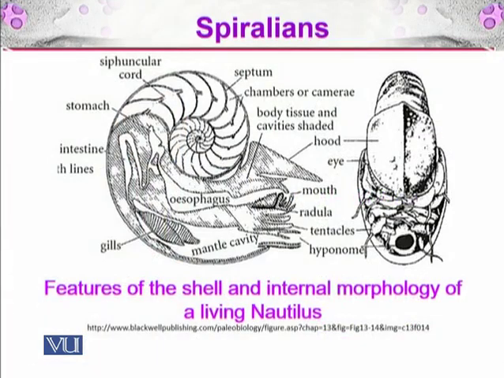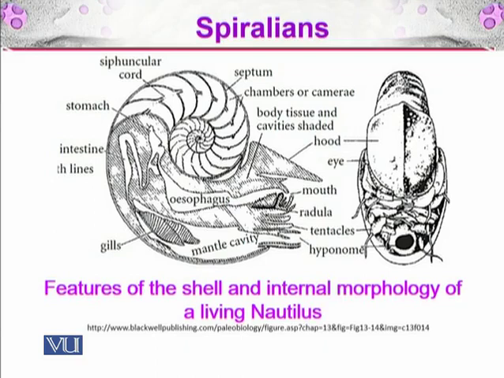Here you can see a characteristic diagram showing the features of the shell and internal morphology of a living Nautilus. On the left side, you can see the different septa. Septa are thin partitions of tissue separating the chambers of the shell. Then there are the stomach, intestines, gills, mantle cavity, esophagus, and at the end you can see the tentacles as well.